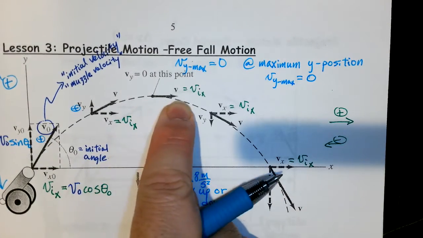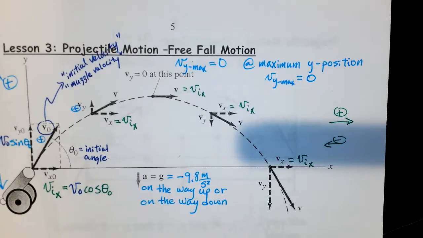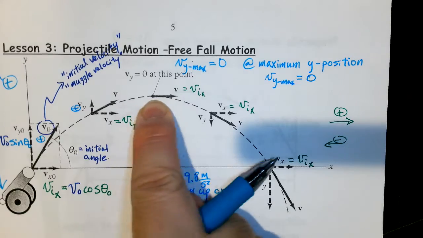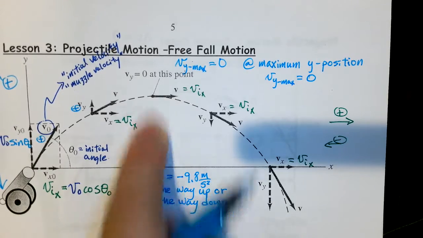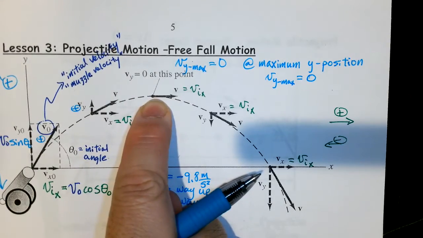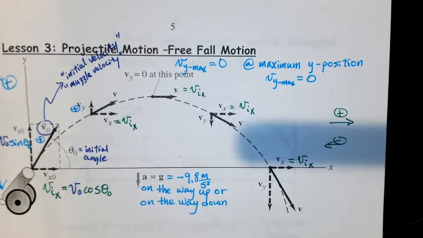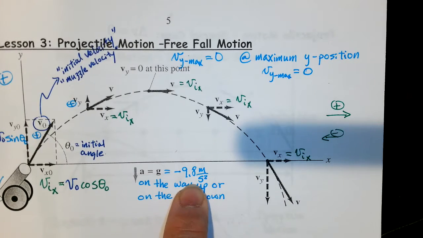However, I still have horizontal velocity there. And even though this thing is stopped instantaneously vertically, gravity is still acting on this particle. Therefore, the acceleration at that point will still be negative 9.8 meters per second squared.